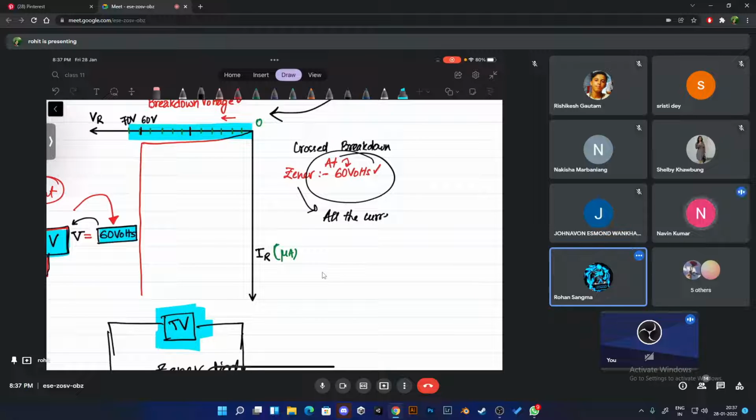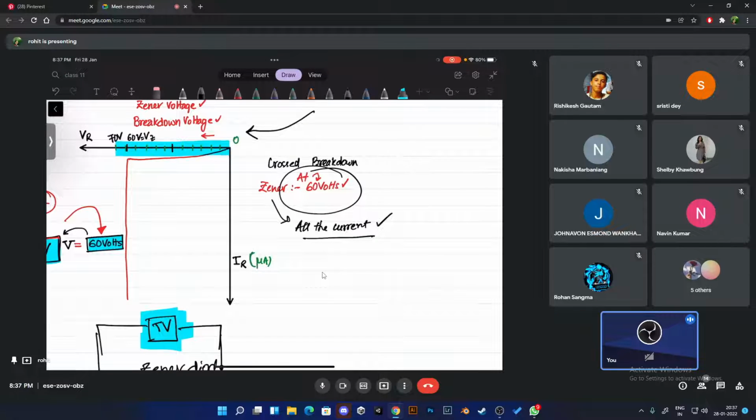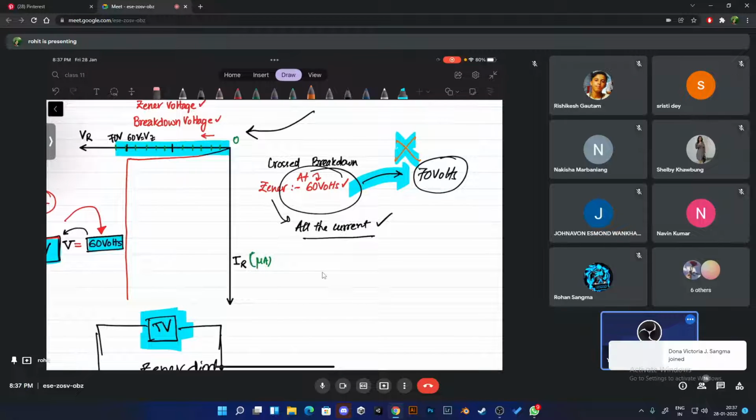At 60. Its breakdown voltage, and that is 60 right now. So if somebody comes and tells the zener diode, no, we will apply 70 volts, what will the zener diode say? The zener diode will say 70 volts has no meaning for the zener diode. Your zener diode does not understand what volts.